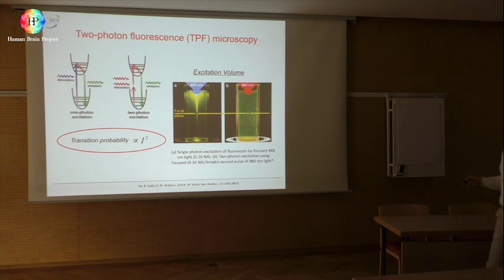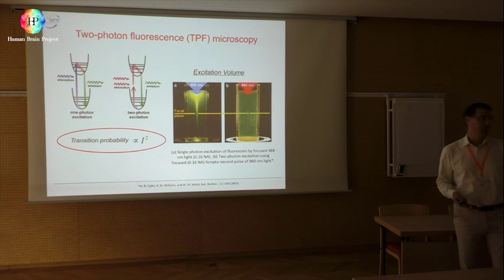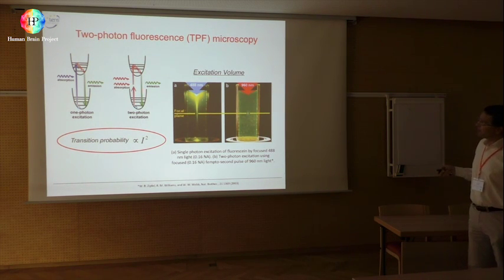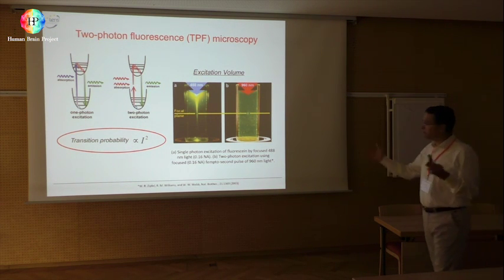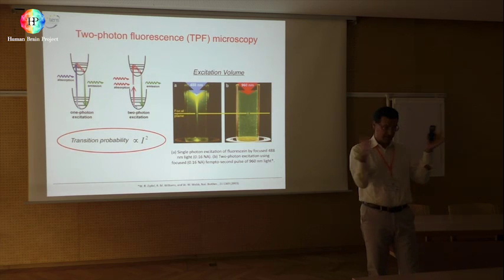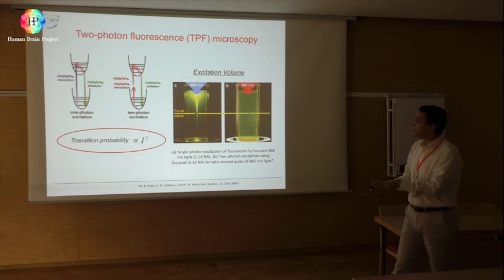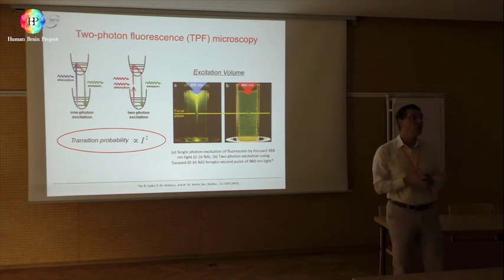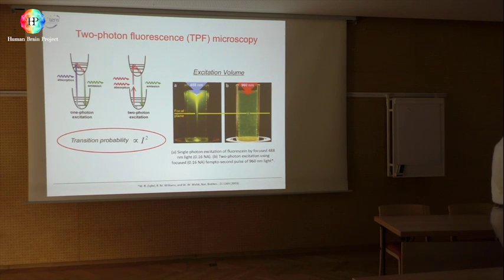Here you must use a pulsed laser, because in order to have two photons absorbed, you must pack the photons in pulses, in time. So they must arrive all together with an enormous density of energy, so that the probability of absorption of two photons is maximized. Then of course it's a second-order process, so it goes like the square of the intensity.